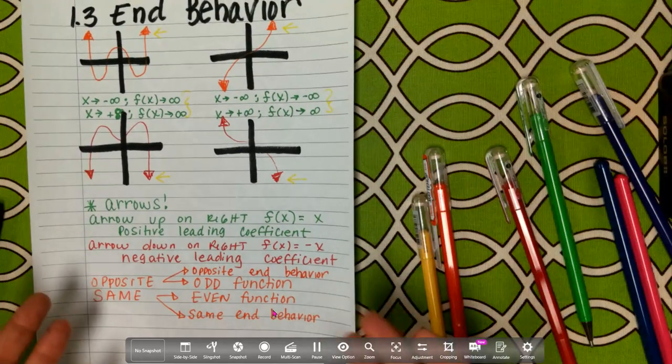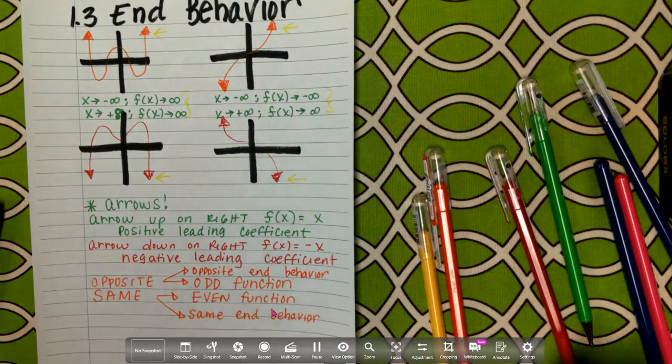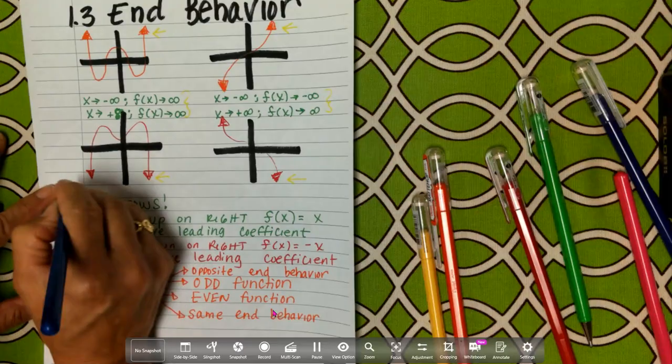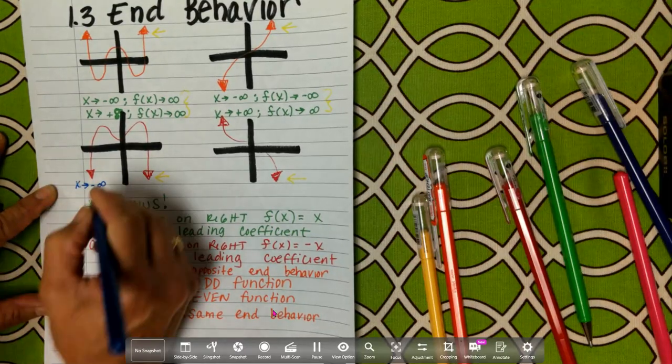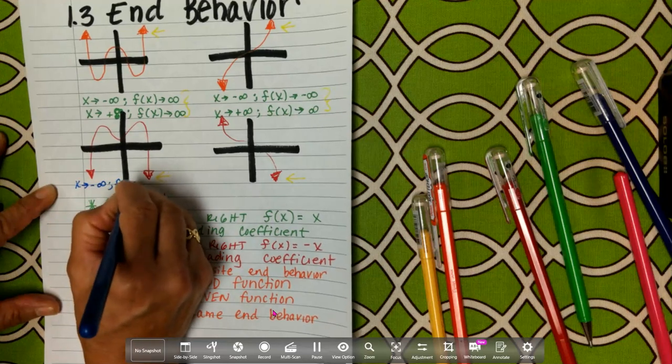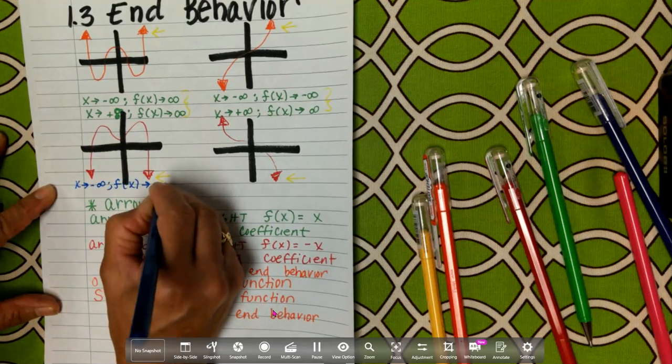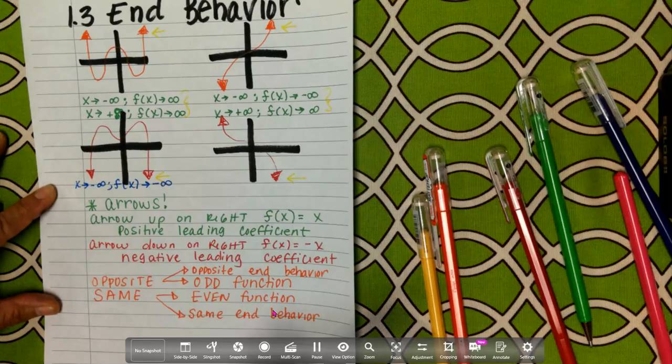And that's going to be the same for negative functions right here. Look, as x approaches negative infinity, here's my left side arrow, f of x is approaching negative infinity.